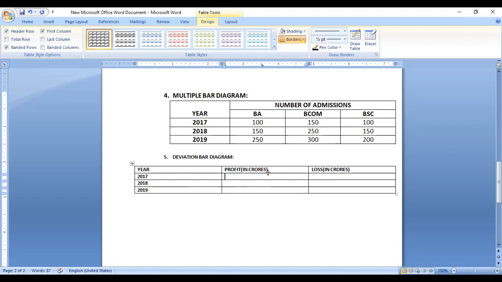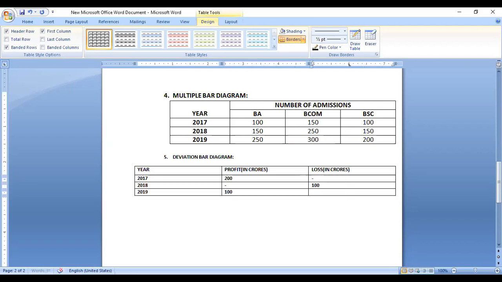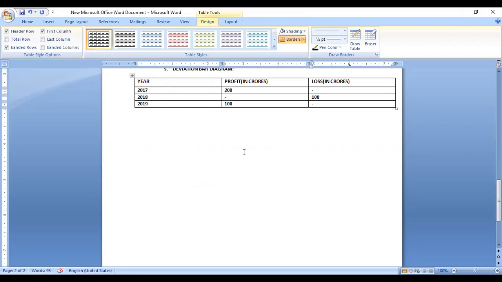So profit, let us take for example in the year 2017, 200 crore profit came. In the year 2018, a loss of 100 crores came. And in the year 2019, 100 crores profit came. Let us take for example. So this is the data that has been given for us.